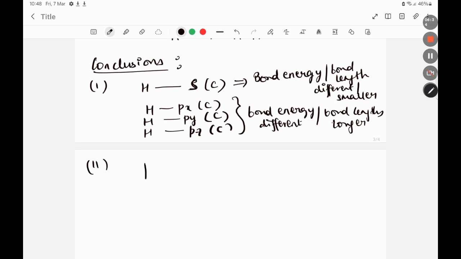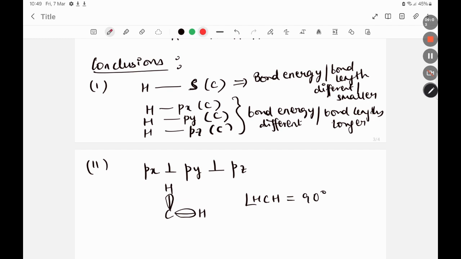Okay, so this is the first conclusion. The second conclusion is, we already know from the atomic structure chapter that the px orbital is perpendicular to the py atomic orbital, which is again perpendicular to the pz atomic orbital. So what happens over here? Since carbon is bonding with one hydrogen atom with its px orbital and another hydrogen atom with its py orbital, the HCH bond angle should be 90 degrees.